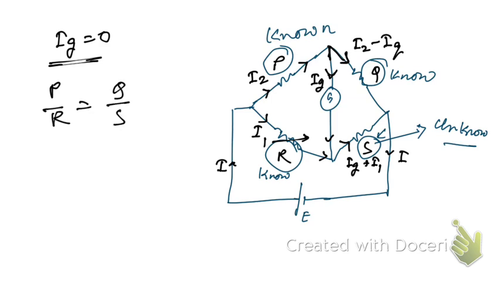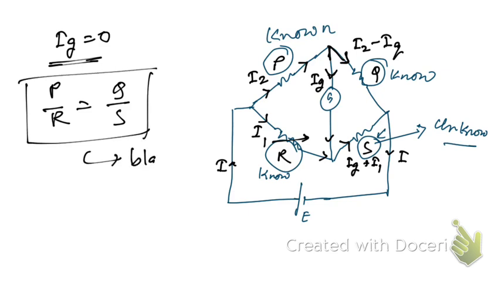This is called the balance condition of the Wheatstone bridge. Using this relation, if any three resistors are known, then the unknown can be determined, right? Hope you have understood this.